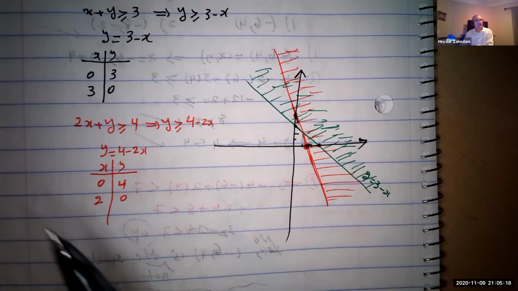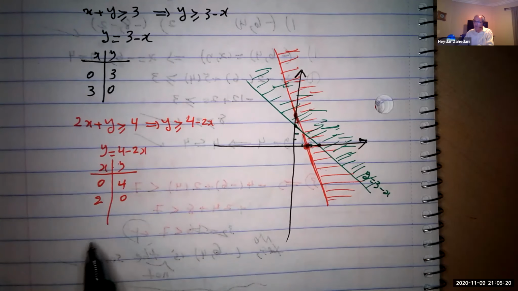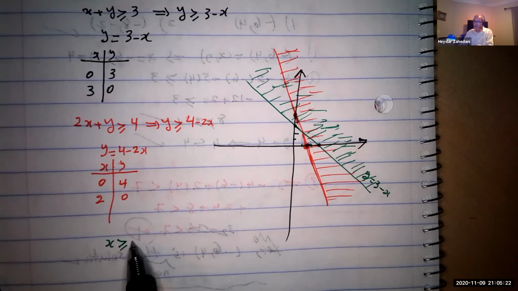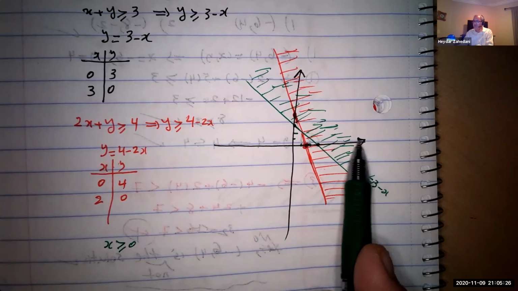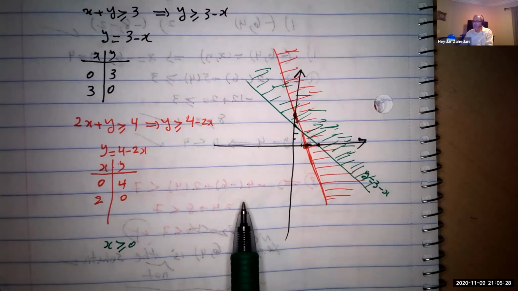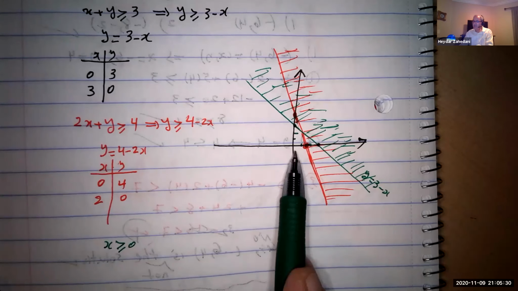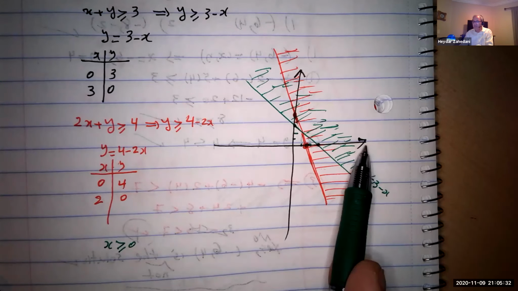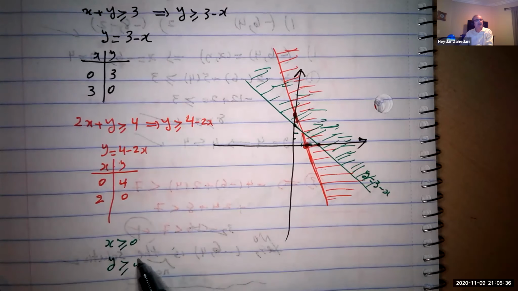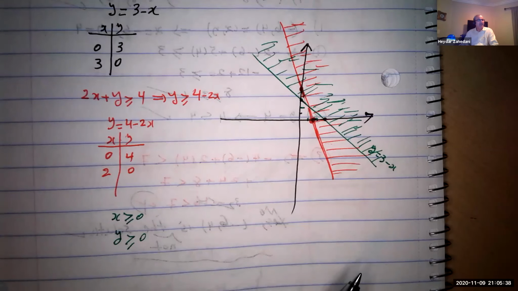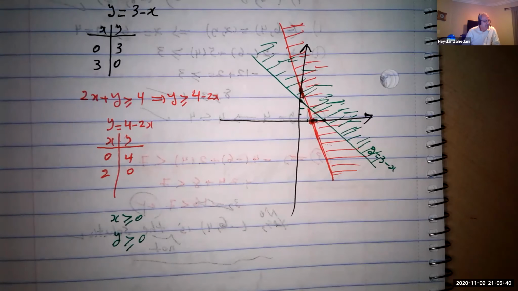Now the other one is x greater than or equal to 0. You see x greater than or equal to 0, we're just using the positive x's. Okay, we already got it here. Okay, x greater than or equal to 0, and y greater than or equal to 0. So x greater than or equal to 0, y greater than or equal to 0 means you are going to be interested in the first quadrant only.